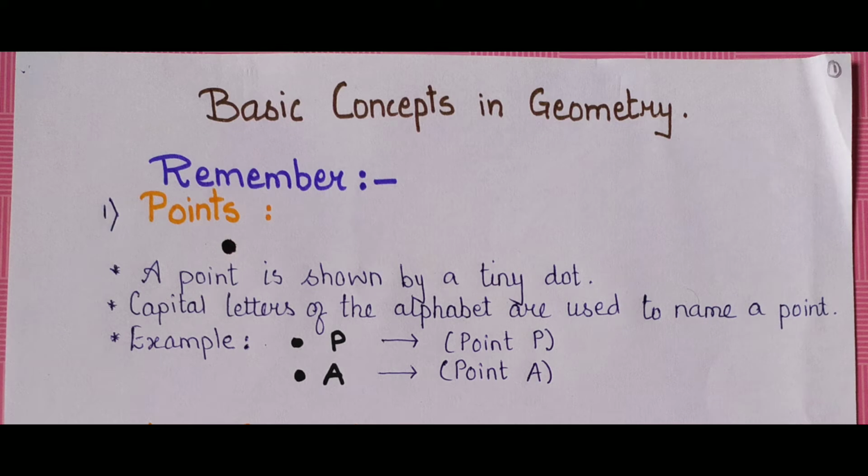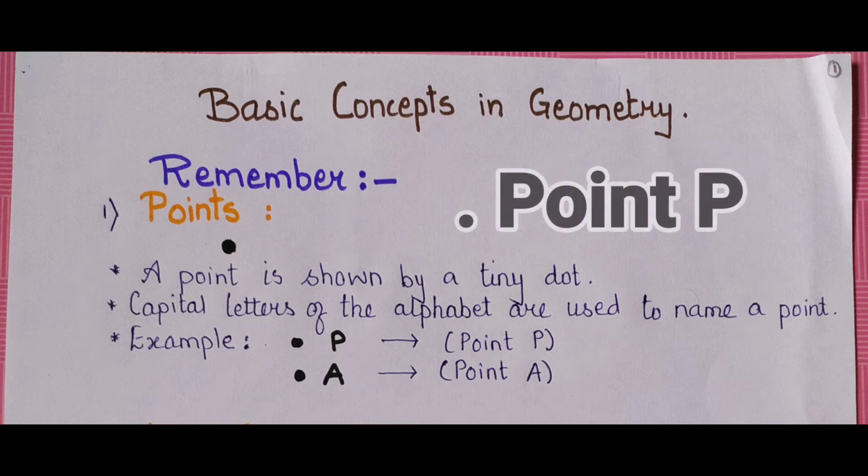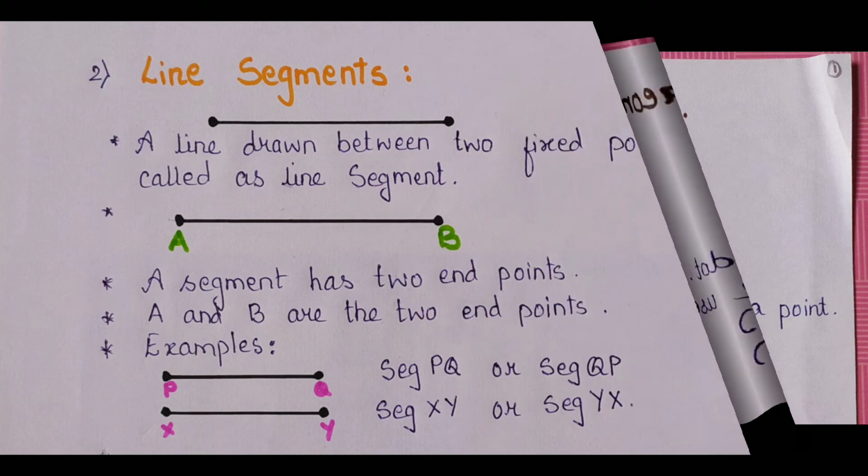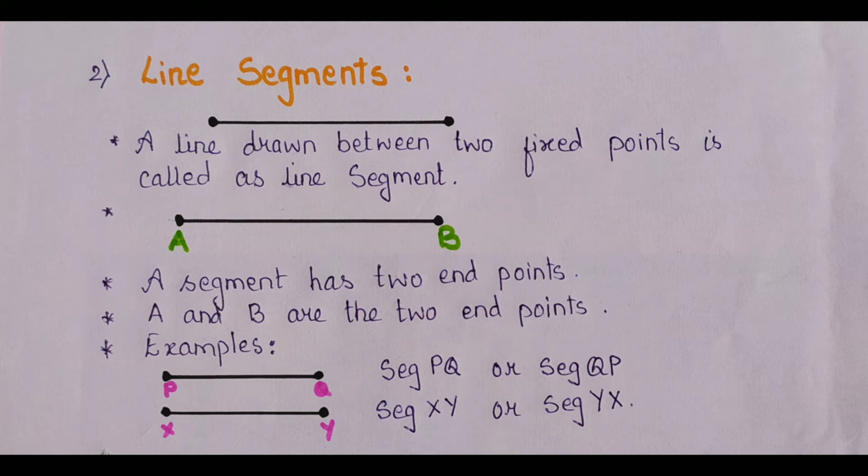Remember, points. A point is shown by a tiny dot. Capital letters of the alphabet are used to name a point. Example, point P and point A. Next point is line segment. A line drawn between two fixed points is called a line segment.